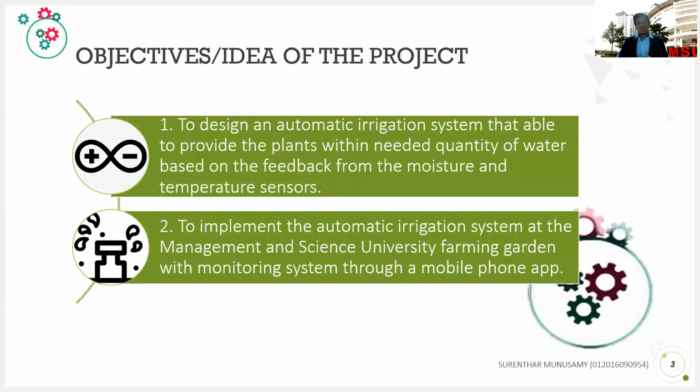The objective of this project is to design an automatic irrigation system that is able to provide the plants with the needed quantity of water based on feedback from the moisture and temperature sensors, and also to implement the automatic irrigation system with a monitoring system on a mobile phone application.